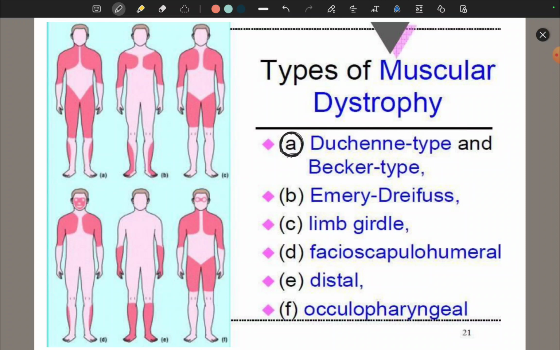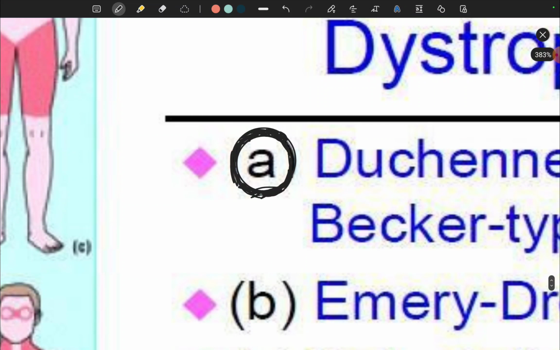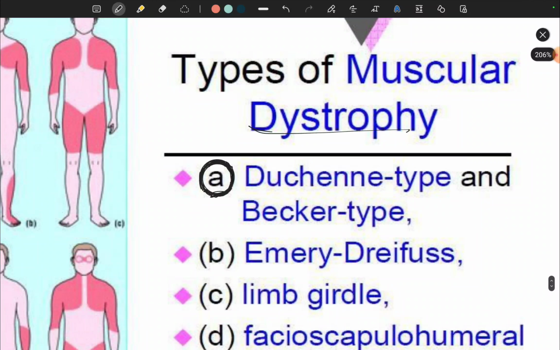What do you think? No idea? Why? What is missing in this disease? Is it acetylcholine, acetylcholinesterase, or dystrophin protein? Dystrophin protein. So in the whole spectrum, there is a problem with this protein.